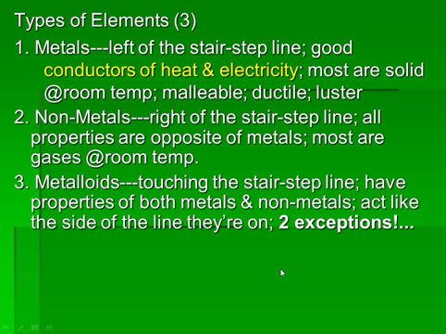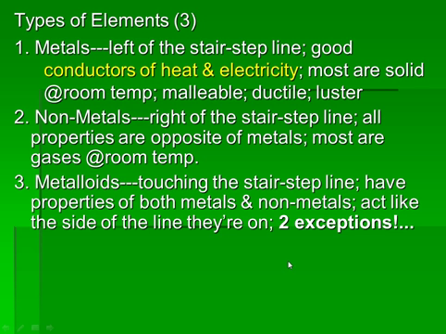So they tend to have properties of both metals and nonmetals, and they tend to act like the side that they're on. When you look at them, you can kind of predict some of their properties based on what side they're on.